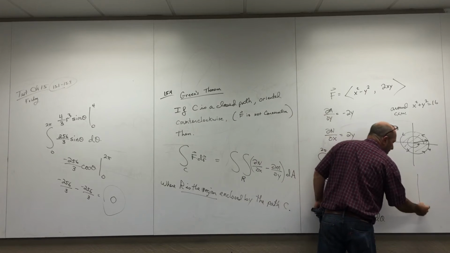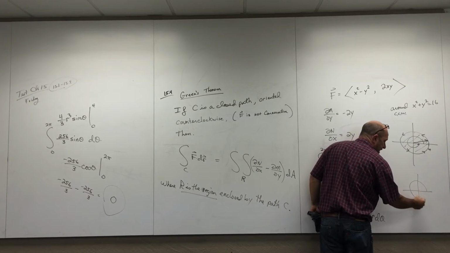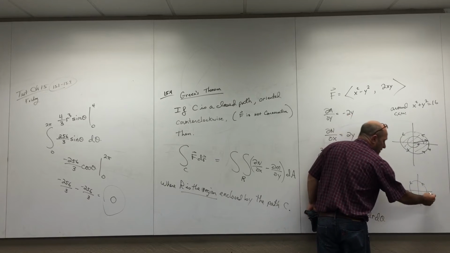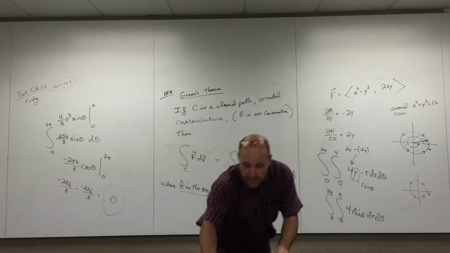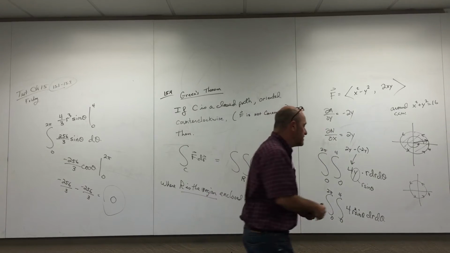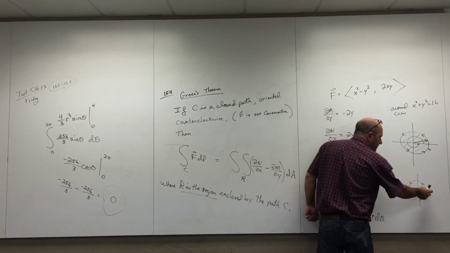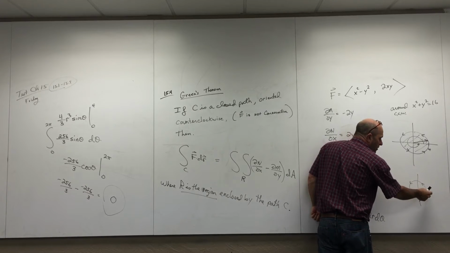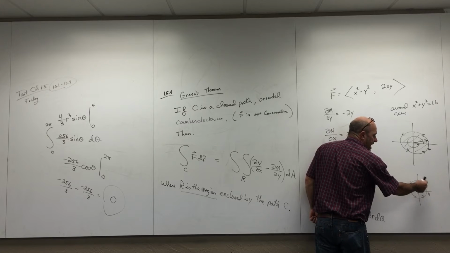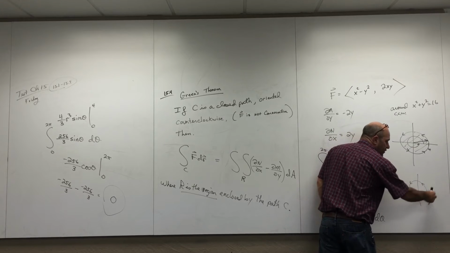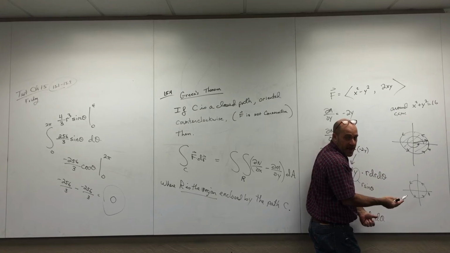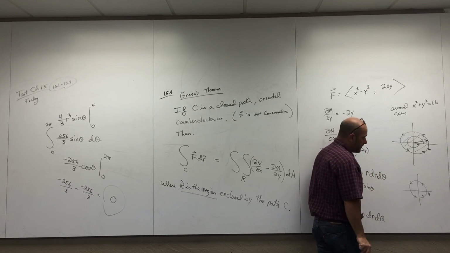But we could keep in mind that what was going on was there was a path. We were going counterclockwise, and perhaps the vector field there was, who knows? Maybe from 0 to pi over 2, you did some positive work. Or maybe from 0 to pi, there was a lot of positive work. But then from pi to 2 pi, there was a bunch of negative work. Somehow it canceled each other out, and we got a net work of 0.